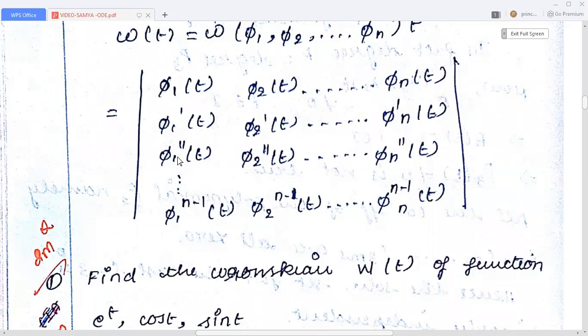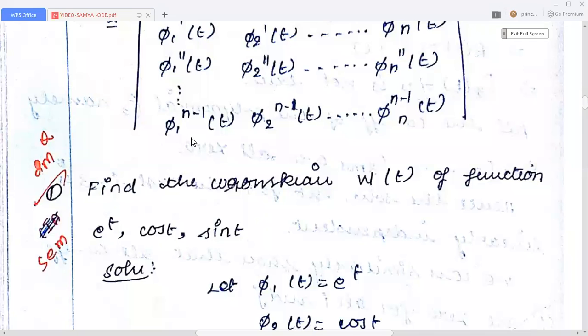In the third row, we find second derivatives: φ1''(t), φ2''(t), etc., φn''(t). So this will go on, and so on. In the last row, we find the (n minus 1)th derivative for φ1, φ2, φ3.